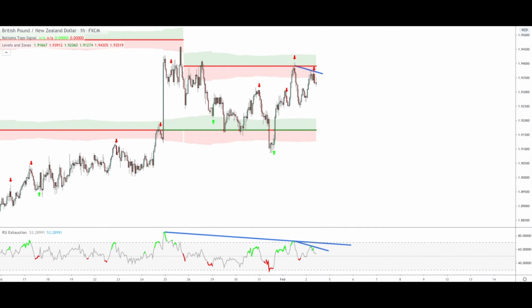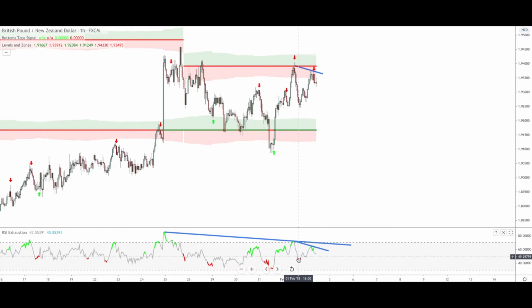So we have three clear conditions which are all supporting our analysis. The first one is not technically valid, but it is reinforced by the fact that this resistance is pushing the price lower. Moreover, what I like to see is that it is true that this top is lower, so we don't have divergence, but we have the exhaustion.